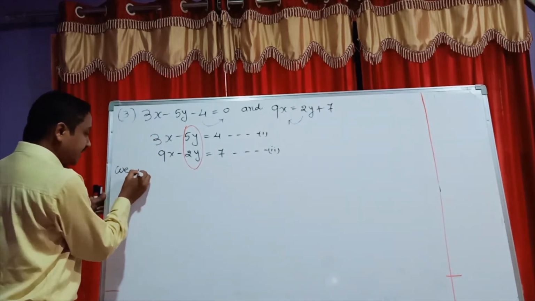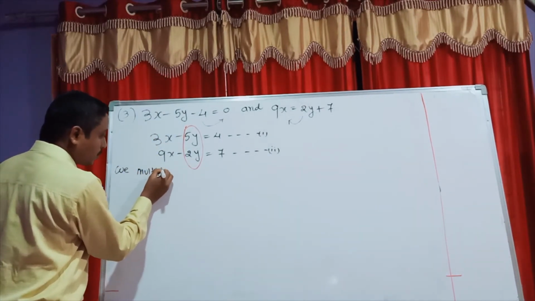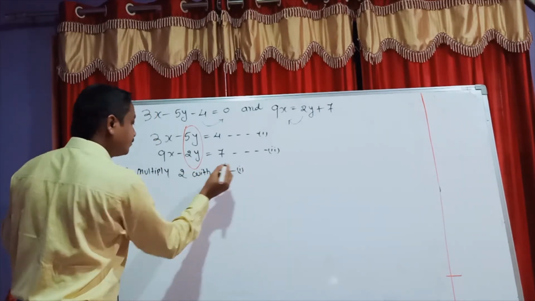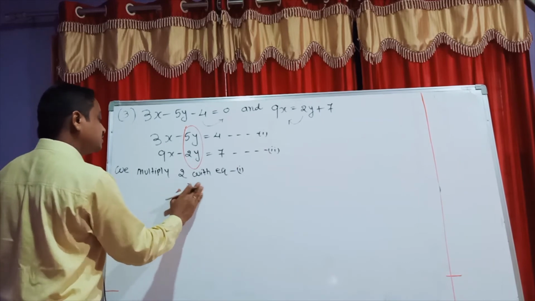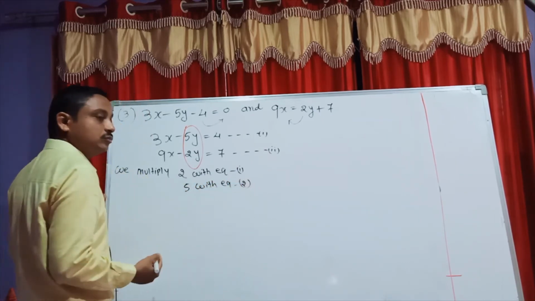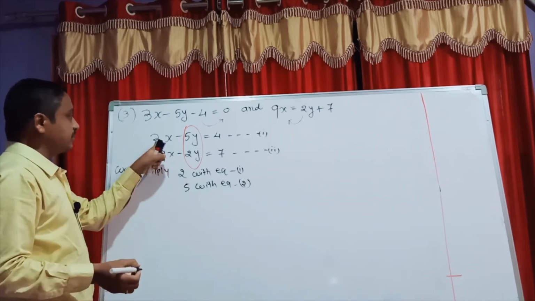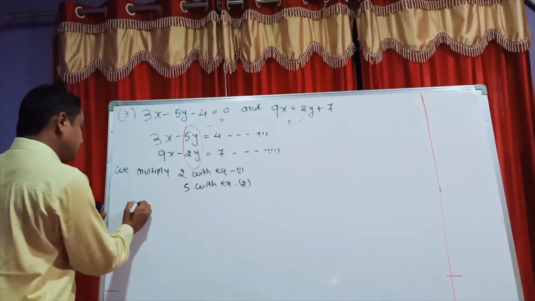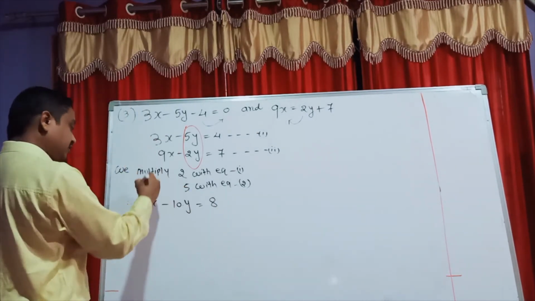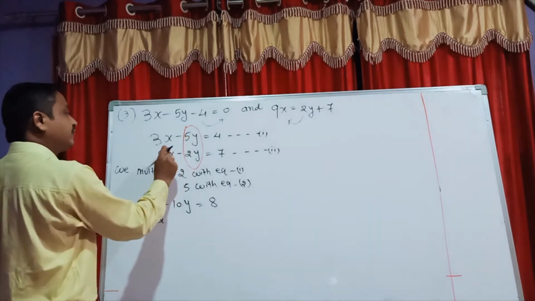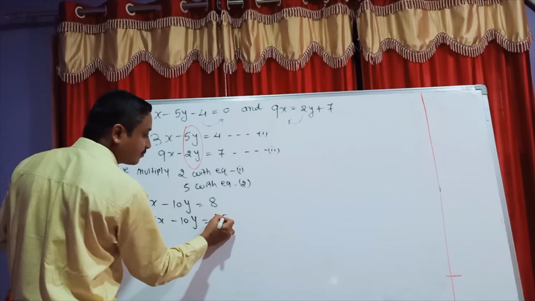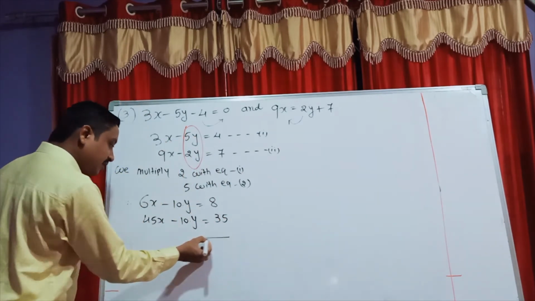So we multiply 2 with equation number 1 and 5 with equation number 2. Each and every number is multiplied. So 3 twos are 6x, 5 twos are 10y, and 4 twos are 8. And here multiplying by 5: 9 fives are 45, 2 fives are 10, and 7 fives are 35.